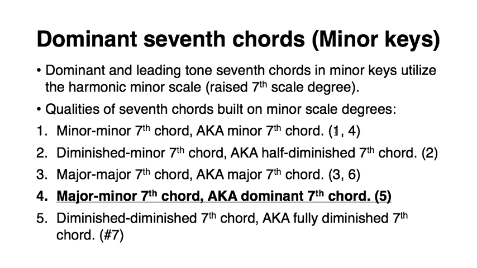And then on the leading tone, on the raised 7th scale degree, you will have a diminished triad with a diminished 7th. That makes for a fully diminished 7th chord. Right? So the half diminished being a diminished triad with a minor 7th, the fully diminished being a diminished triad with a diminished 7th.